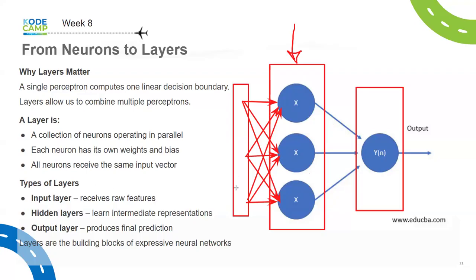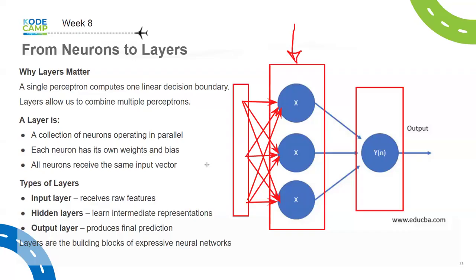So based on this, we now have different types of layers. You have what we call the input layer, which is a layer that just receives raw input features. Then we have the hidden layer, which is a layer that you place in between an input layer and an output layer. There can be multiple hidden layers. They learn intermediate representations.